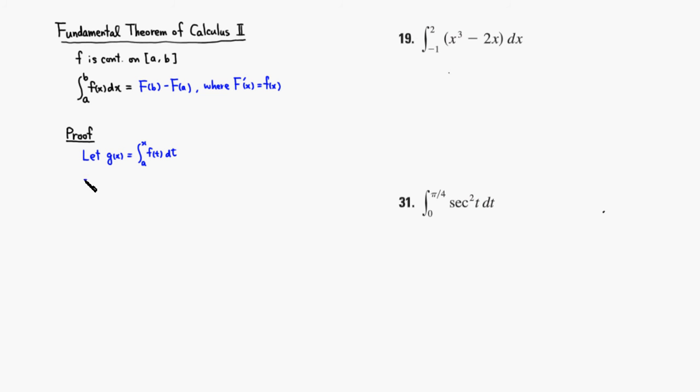So using the fundamental theorem of calculus part 1, we know that g prime of x is simply f of x. Which tells us that g of x is going to be an antiderivative, which is capital F of x, and they might differ by a constant, so we're going to put plus constant c.